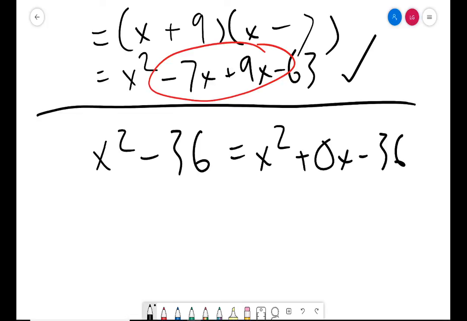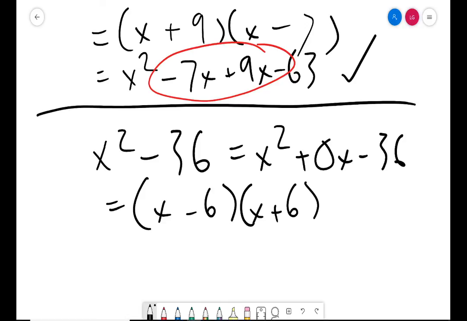So it starts to look similar. Now this has a special name. It's called the difference between two squares. We notice that 36 is the square of 6, so it does in fact factor, like that. Notice those are inverses of each other and add to 0.